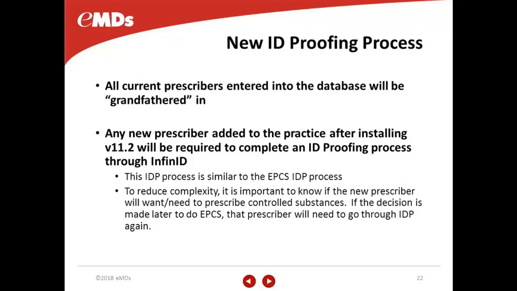All current prescribers that are in the system at the time of the update will be grandfathered into the electronic prescribing system. So this only applies to people that need to be added to Partner after 11.2.